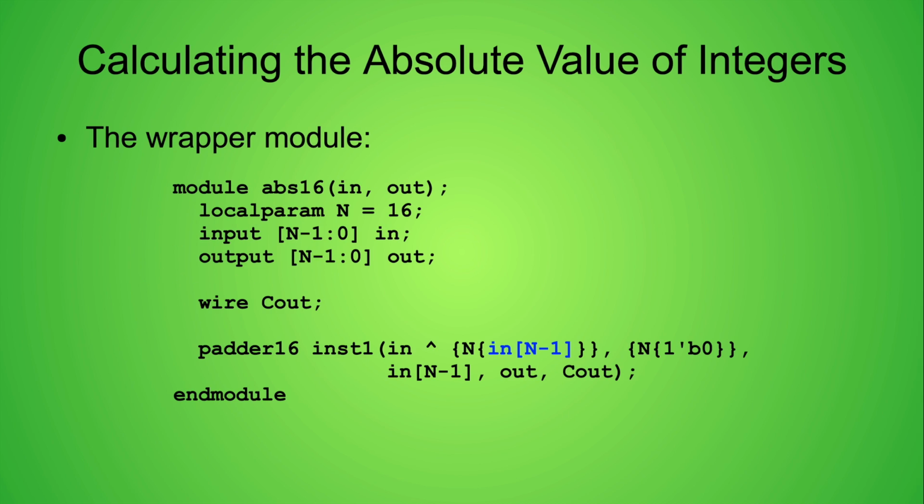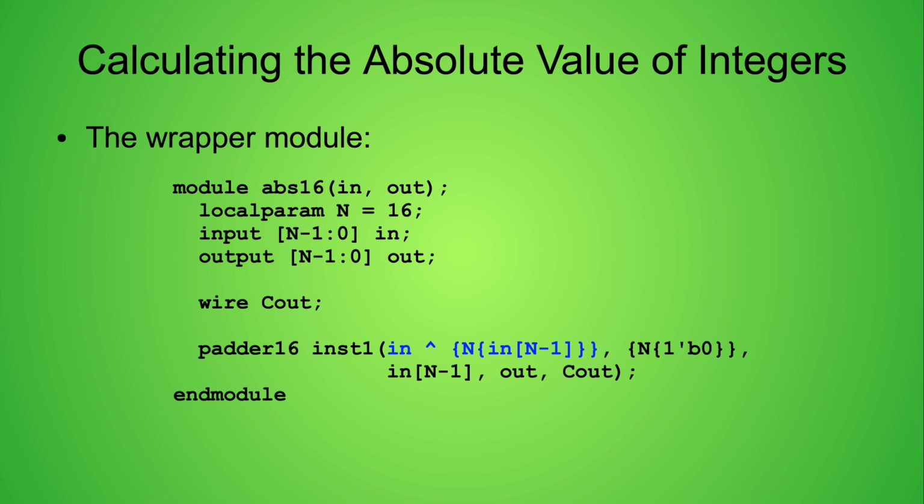The first argument to the adder is an exclusive OR expression. The sign bit of the value n is its most significant bit, that is, bit n-1 of n. From the sign bit, we create a bit vector 16 bits wide, and exclusive OR the value n with this bit vector.